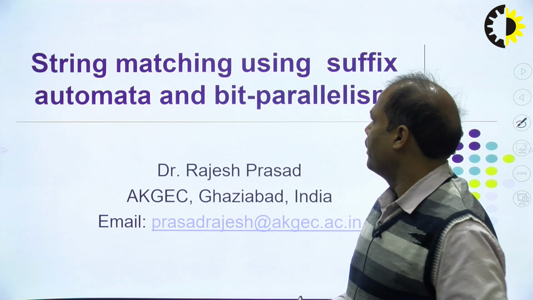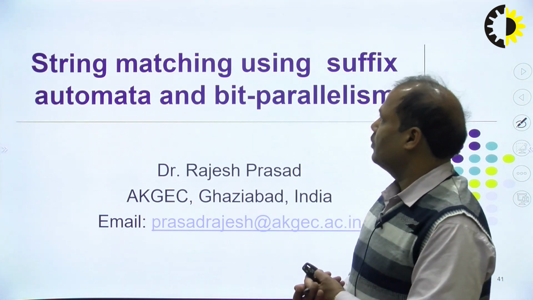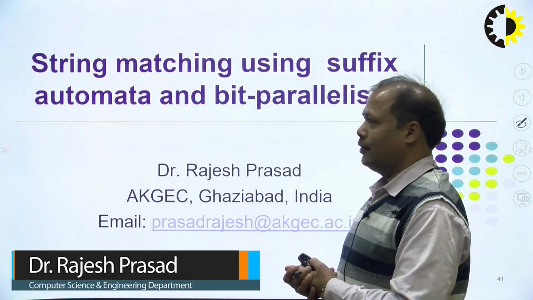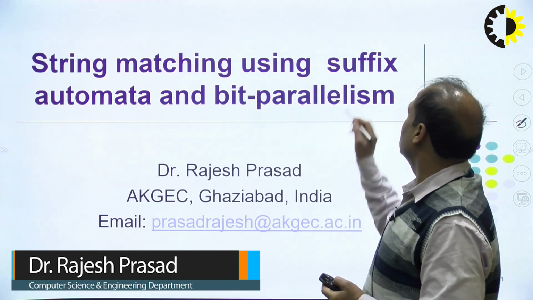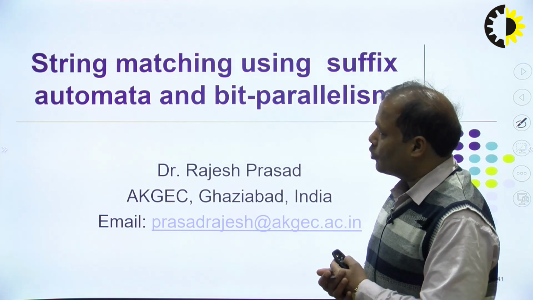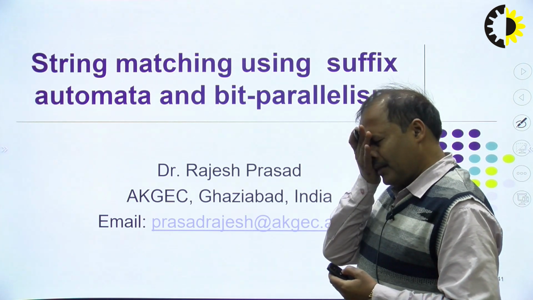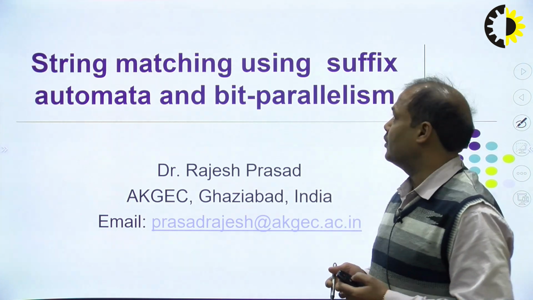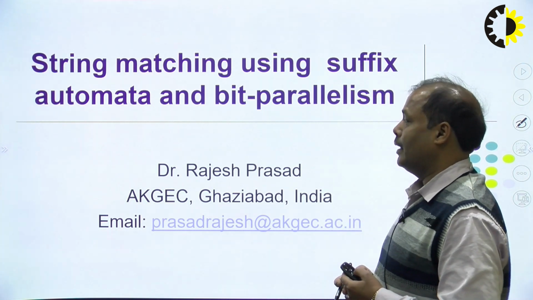Hello everyone. So today's topic is string matching using suffix automata and bit parallelism. As the name suggests, suffix automata is a category of automata which accepts all the suffixes of a given pattern, right?